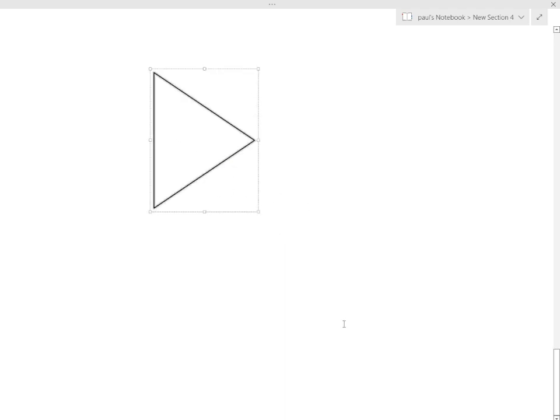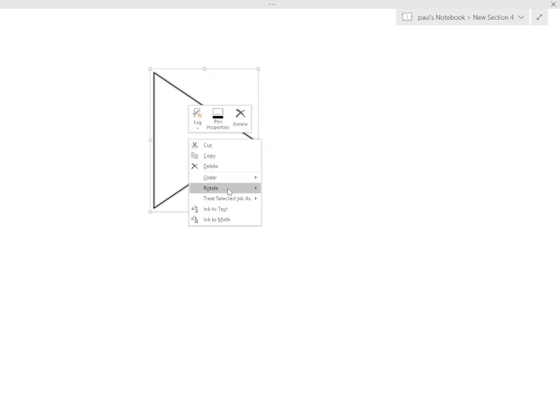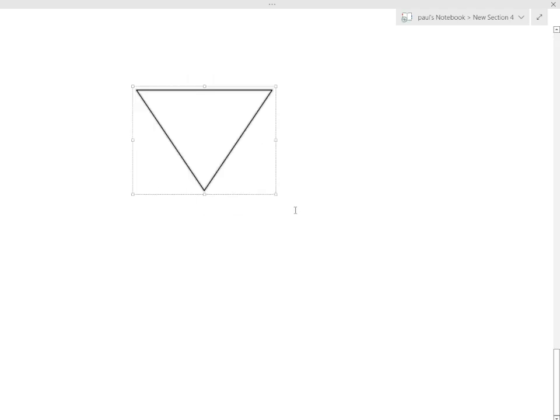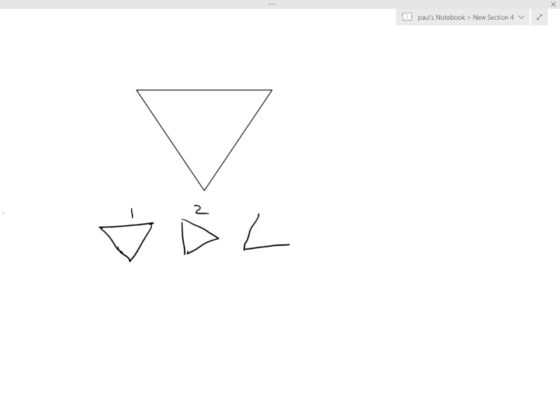We started off with this, which was 1. Then we went to that, which was 2. Then that, which was 3. And that, which was 4. So there is only one position where it looks like the original, and that is the original position. So that has a rotational symmetry of 1.